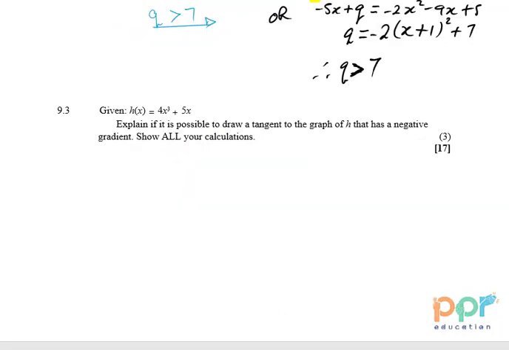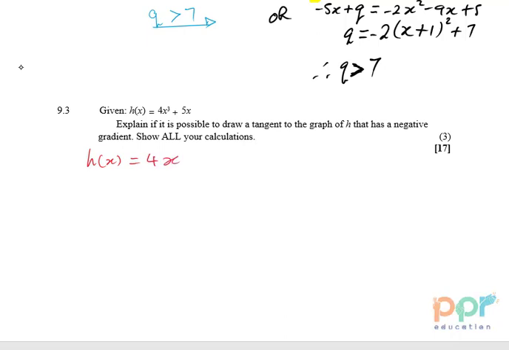The next question says we are given the graph of h of x equals 4x cubed plus 5x, but explain if it's possible to draw a tangent to the graph of h that has a negative gradient. We are required to show all the calculations. So let me rewrite h of x as a function.